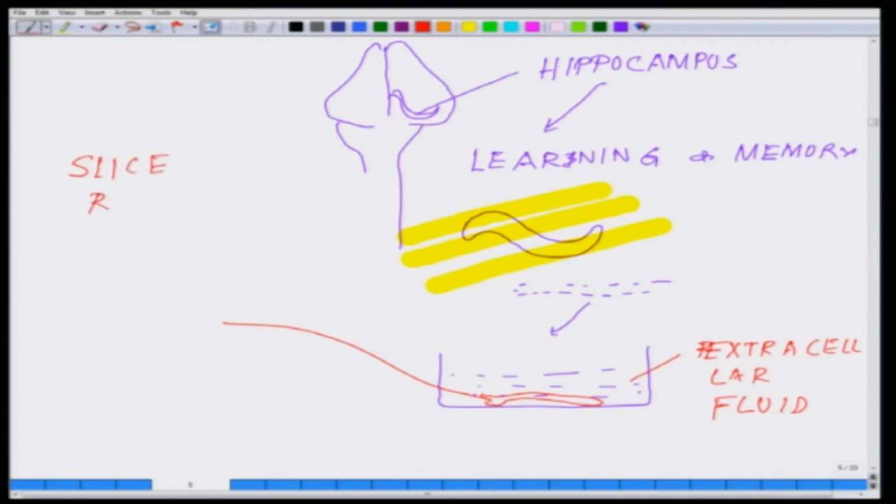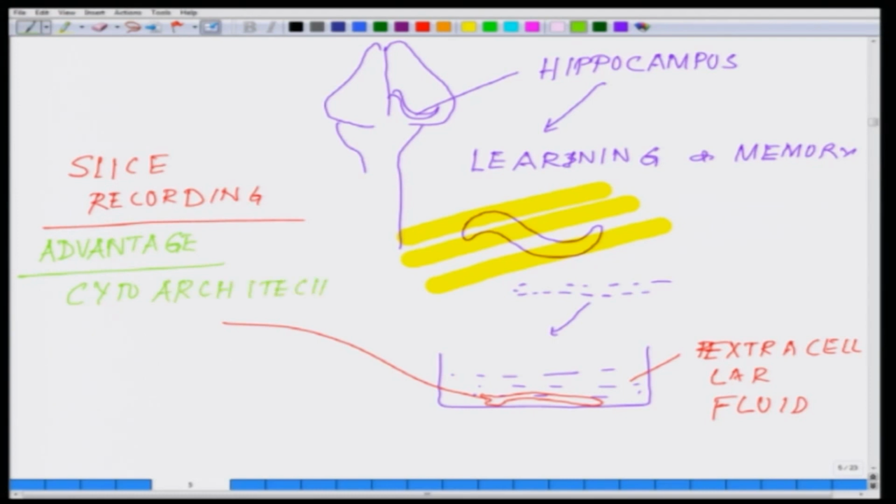Just to mention, slice recording, okay. Slice recording, okay, and advantage: cytoarchitecture is intact.